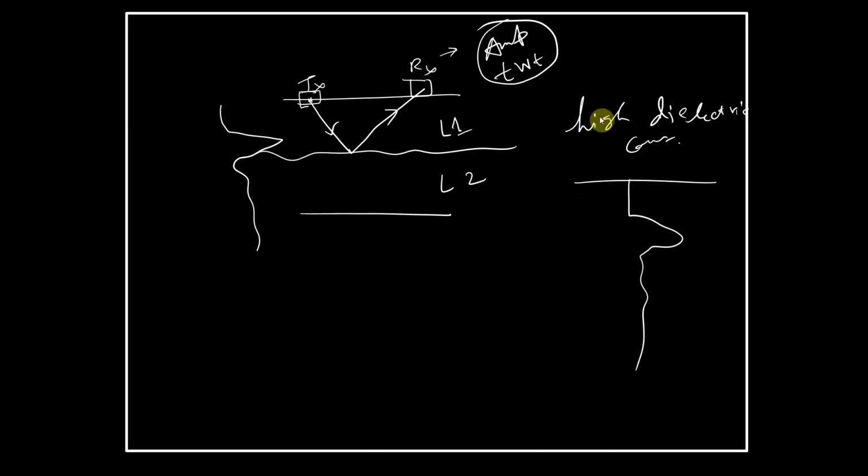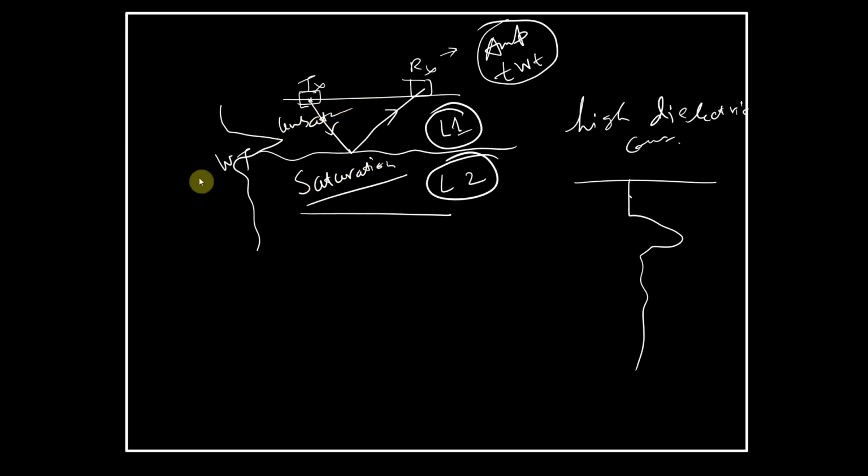By seeing this, you can understand the properties of layer 1 and layer 2, so you can easily map. Suppose there is a water table. Below it you have a water saturated zone, and above it the unsaturated zone. Water has a dielectric constant, or relative permittivity, of around 81, so water plays an important role in GPR investigation.